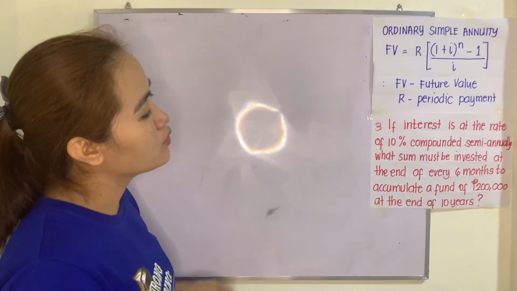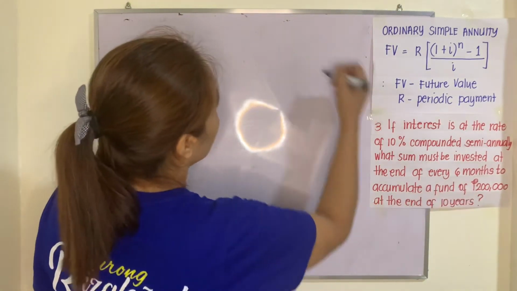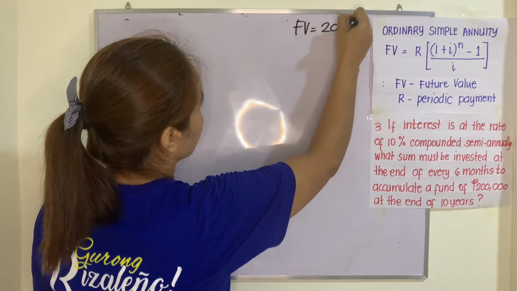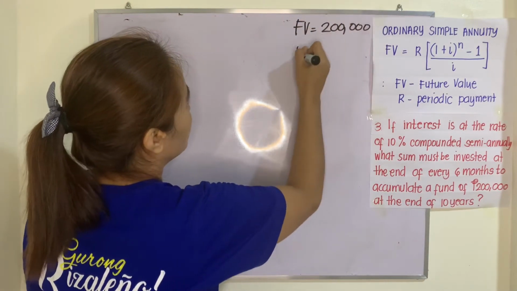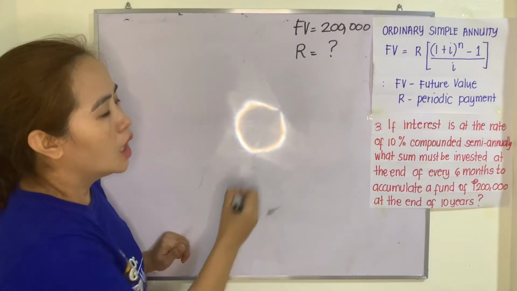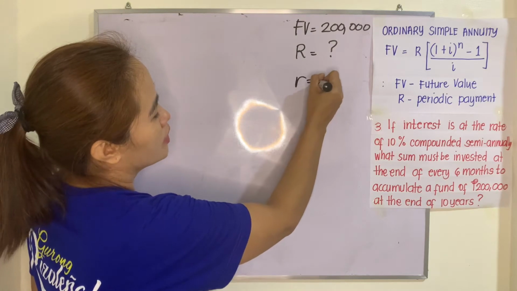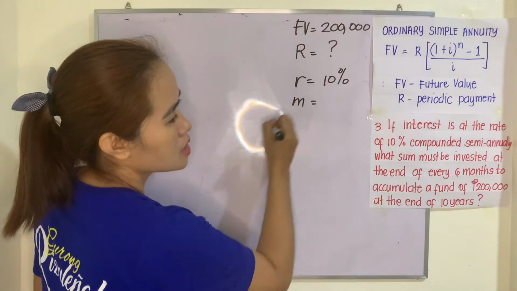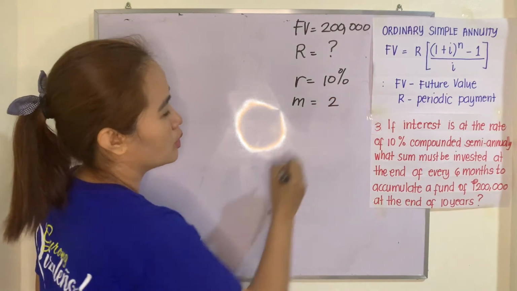Let us identify now the given. This 200,000 is the future value. We are looking for the R, the periodic payment. Our R, rate of interest, is 10. Our M is 2, semi-annually.